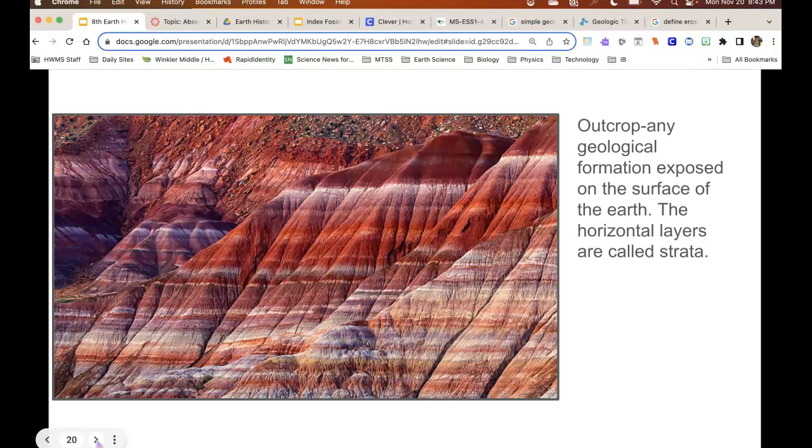Now, this is very important. In order for a fossil to be characterized as an index fossil, there are two things it has to do. First of all, it has to be widely distributed, and second, it is in a limited time span. So remember that. That is very important. Index fossils are widely distributed and in a limited time span. So when we say widely distributed, we mean that it's found in many parts of the world, not just in the United States or not just in a certain country, but all over the world in many places.